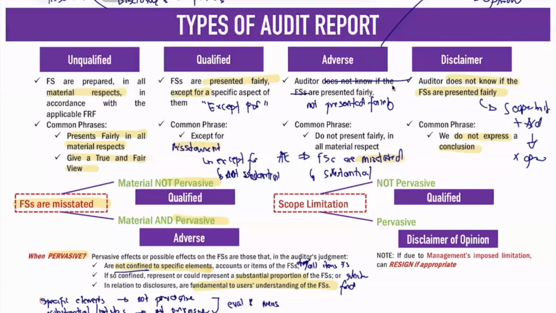So when can we say that the evaluation and measurement is considered pervasive, or that there's a problem in our misstatement? If it is confined to almost all items on the FS, it is considered pervasive. It is not pervasive if purely specific elements. Again, if there is a substantial effect on your evaluation and measurement over the FS, then it is considered pervasive.